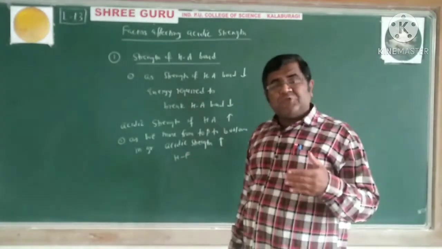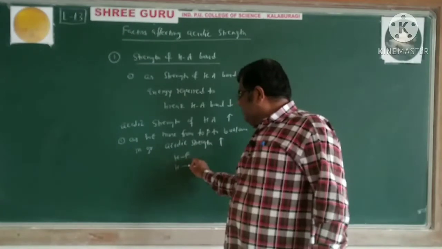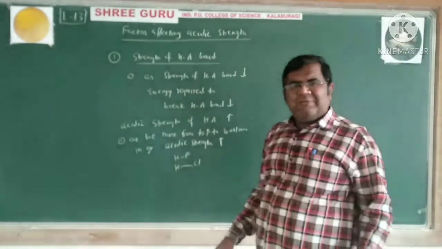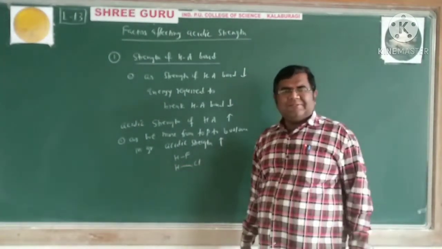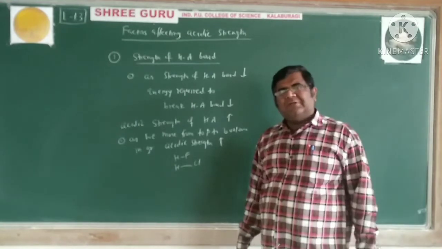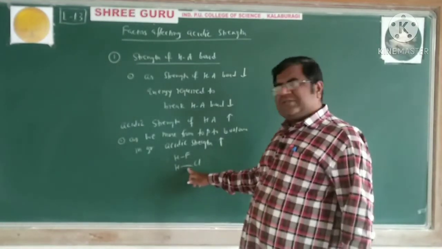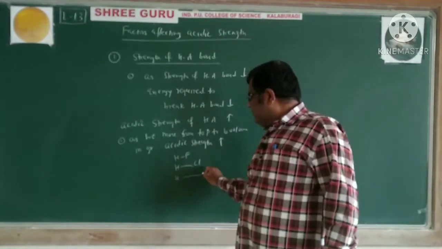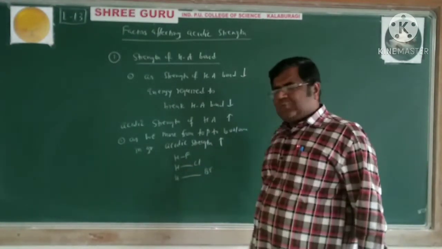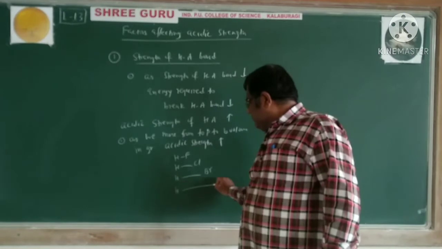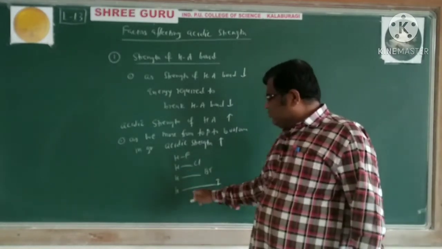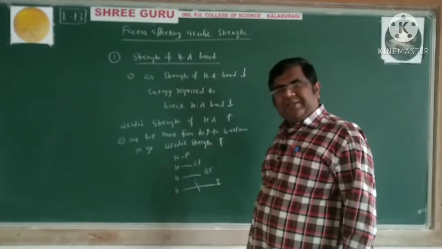That's why it is difficult to break that bond. HCl bond is having greater bond length. You are learning chemical bond. The bond length is one of the bond parameters. So this is easy to break. HBr is still easy to break. And HI is more easy to break. This can be broken easily.